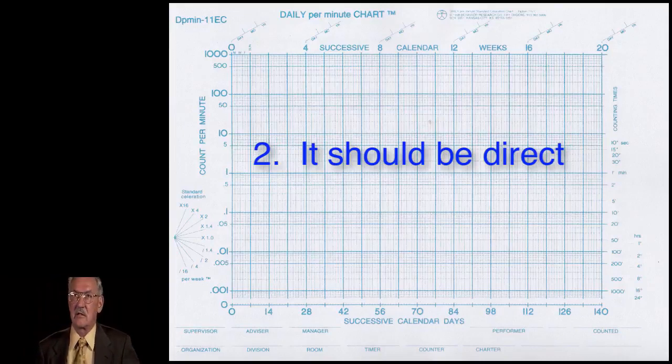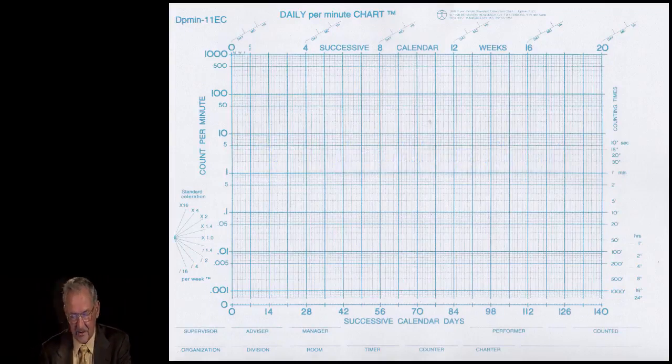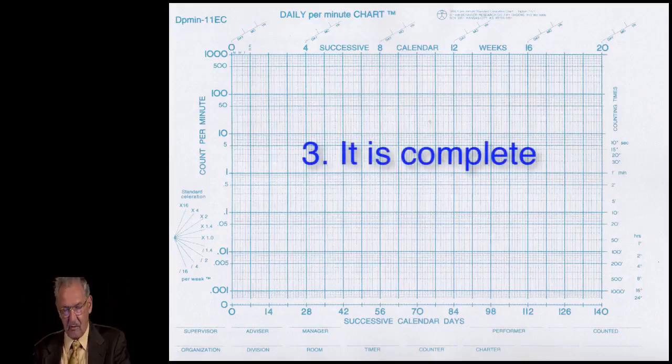We do not rely on statistical averaging of measures taken by other people, or any of these kinds of indirect practices. We get a direct record, and in many cases, in Skinner's laboratory, the animal actually made its own record, and he could be off drinking coffee and pursuing other interests. Finally, it is complete, we get it all, and we avoid sampling whenever possible.